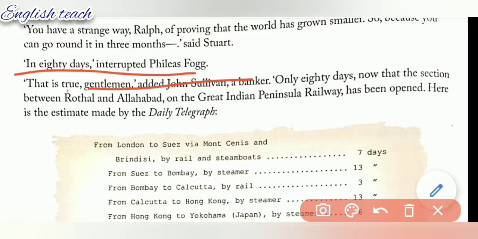Only 80 days, now that the section between Rothal and Allahabad on the Great Indian Peninsula Railway has been opened. Here is the estimate made by the Daily Telegraph.